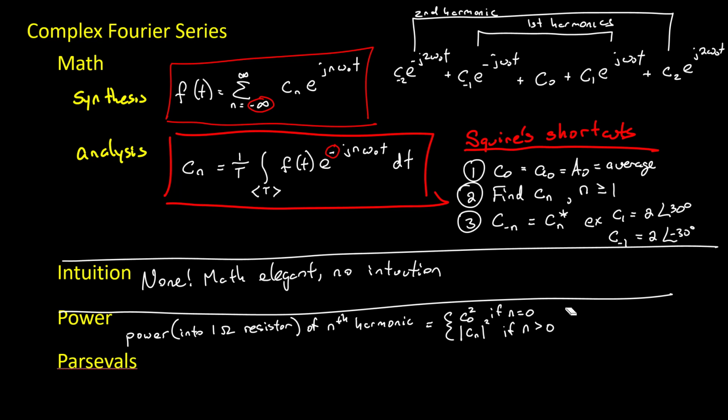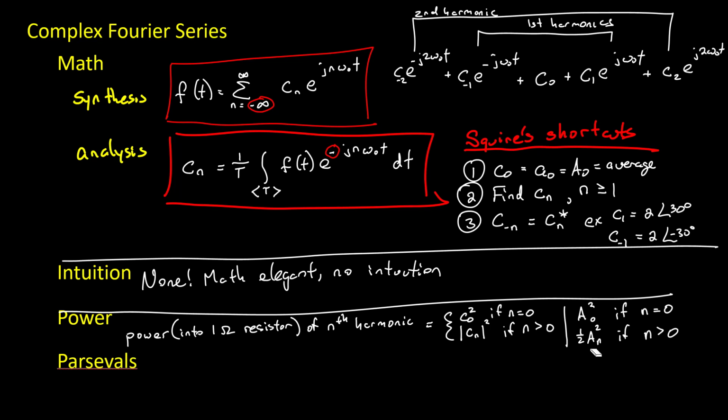Now, compare those with what we did earlier using the polar capital A sub n breakdown. And there, it's A sub naught squared for that DC term, or it's 1/2 of A sub n squared. There's a difference of 1/2. And as a rough hand-waving explanation, that's because, let's say we're looking at the third harmonic.